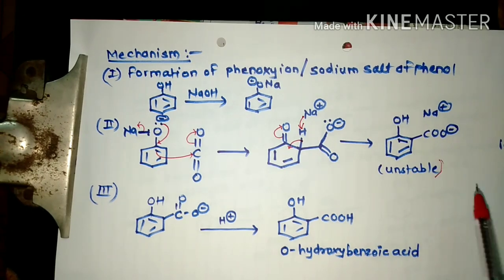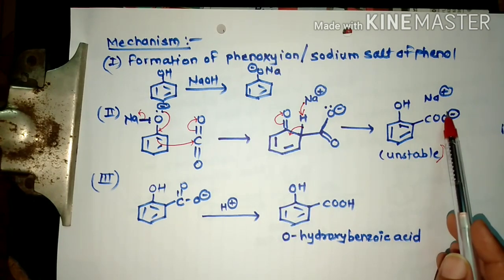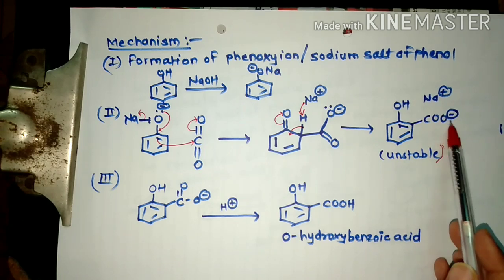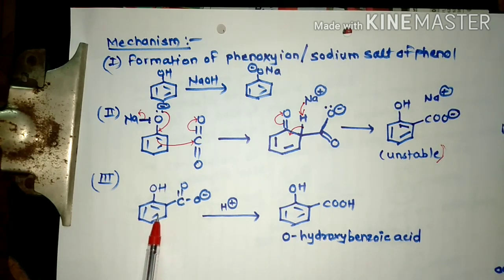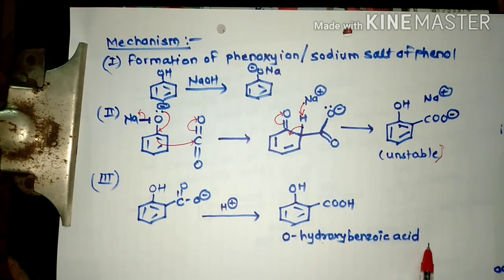Now, the carbanion which is this form, the negative ion which is formed over here, which is stabilized by electrophilic attack of hydrogen, this protonation takes place and there will be formation of orthohydroxybenzoic acid, which is also called as salicylic acid.